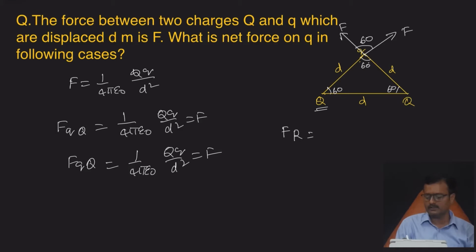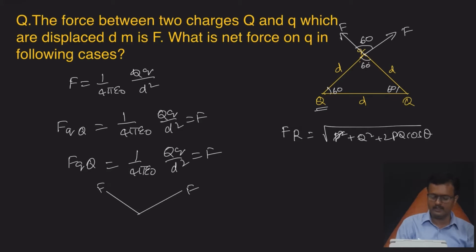Two vectors act with an angle of 60 degrees. The resultant force is square root of P square plus Q square plus 2PQ cos theta. What is P? F, and the other is F, making an angle of 60 degrees. So the resultant is square root of F square plus 2FF cos 60.